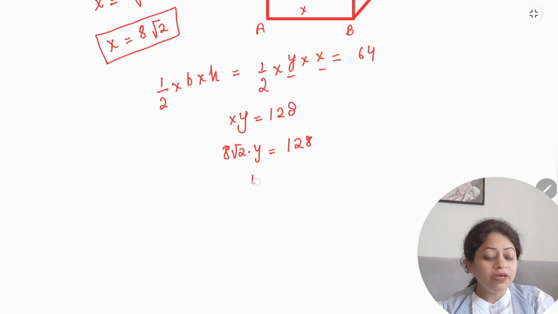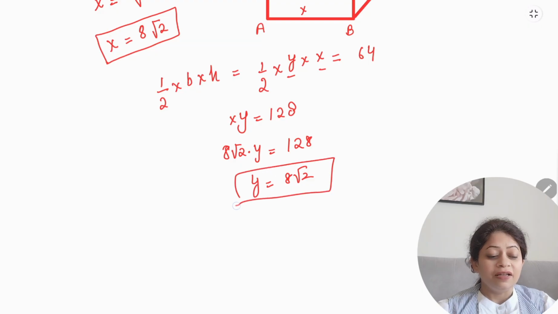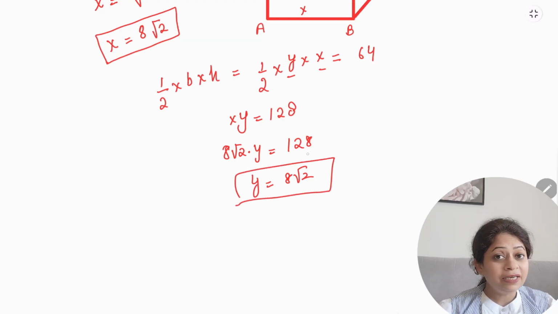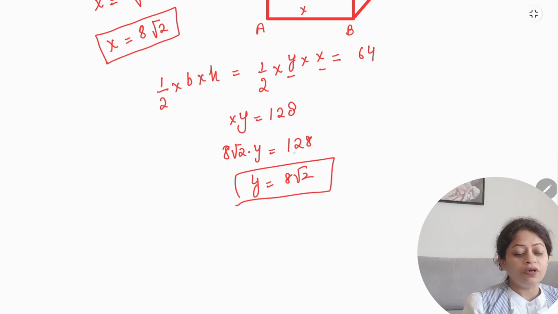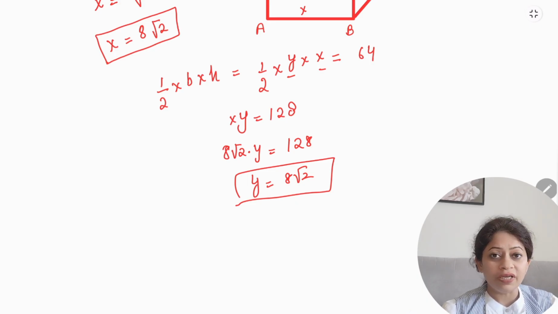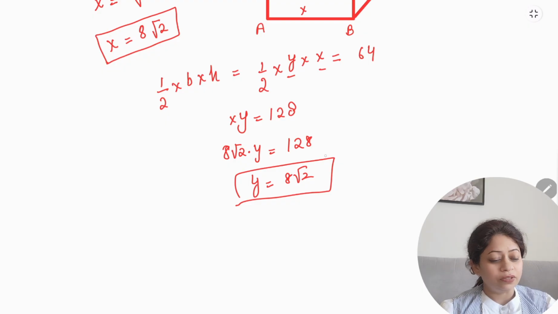Y will also be equal to 8 under root 2, because we have already seen here that 128 is 8 root 2 times 8 root 2, right? If you do not know how to do this, you can divide it as well, this way.